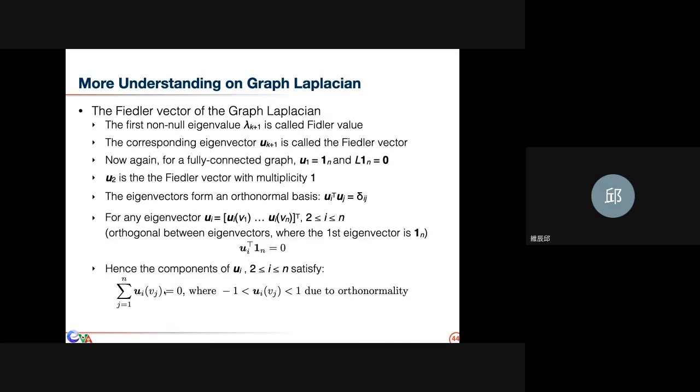That is what we write down here. That is quite an important property, and it is related to the graph Laplacian matrix.